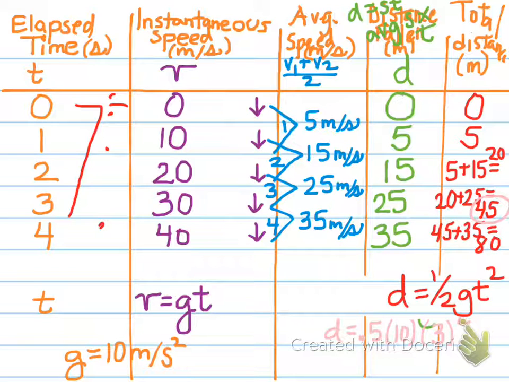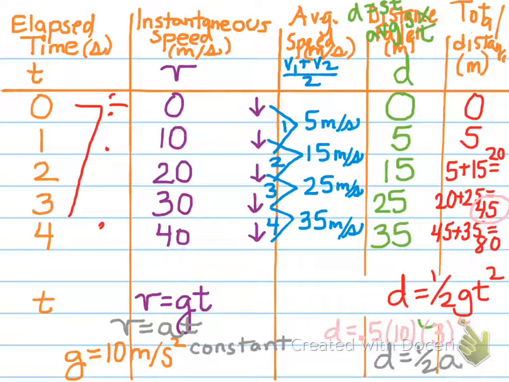Now, we're going to see in a couple minutes, and so I'm going to add it here, that my acceleration due to gravity is constant, meaning it's not changing, it stays steady. And anytime I have a constant acceleration, I can also use a t here, and I can also use an a over here.